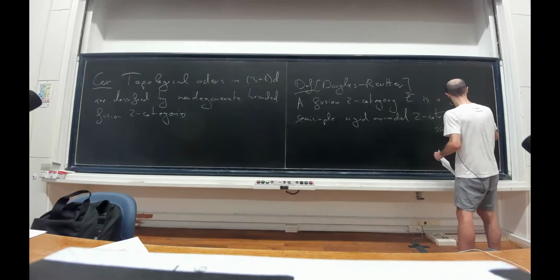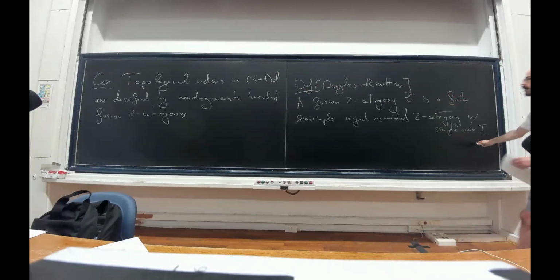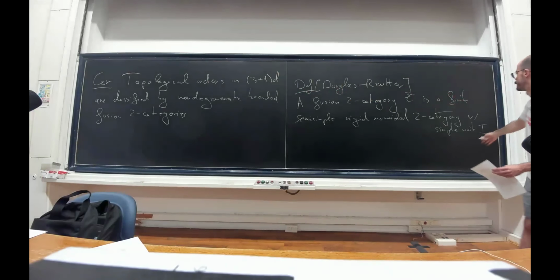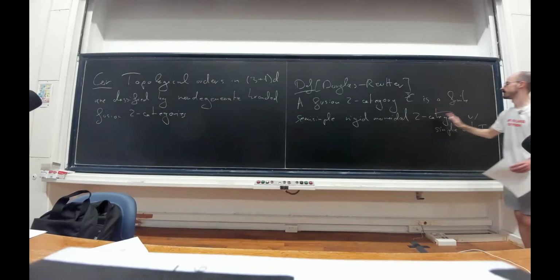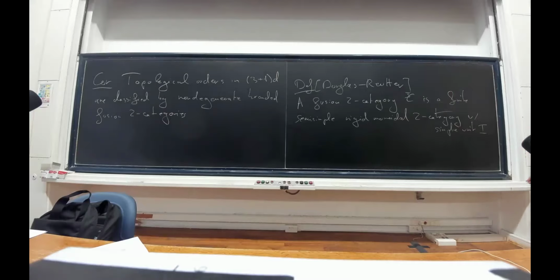And really the key contribution is to make sense of what it means for a 2 category to be finite semisimple, because rigidity and monoidality for 2 categories are all things that people knew how to define 40, 50 years ago.